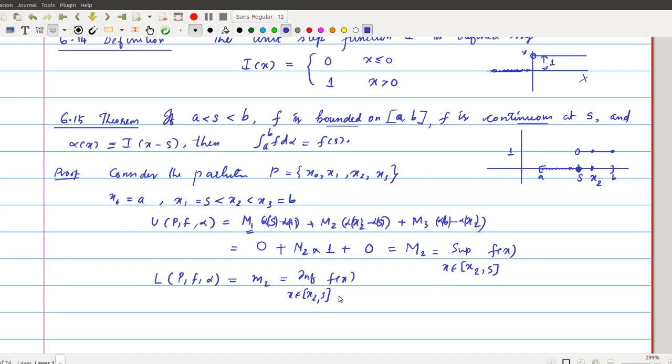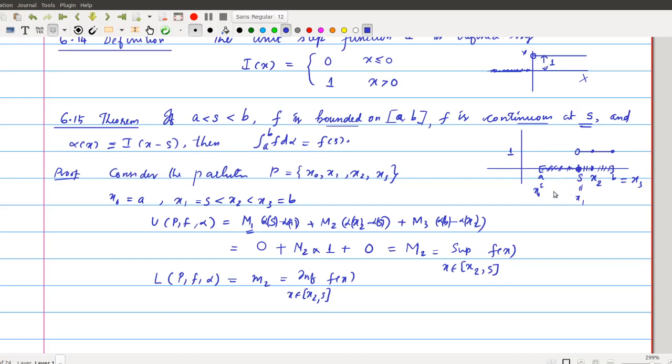Okay, now you consider that we are given that f is continuous at s. If you consider all partitions and this M1, M2, and the refinement of these partitions by inserting points in between, we set x1 equal to s and x0 equal to a, and x2 is just greater than s, and b is equal to x3, and insert points to get the refinement of these partitions.